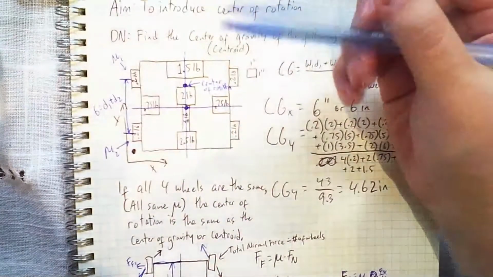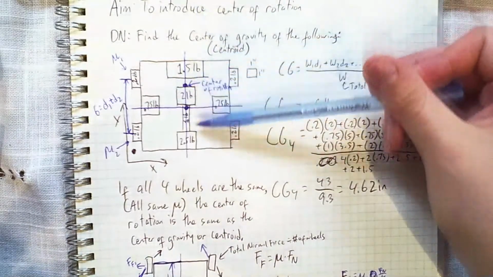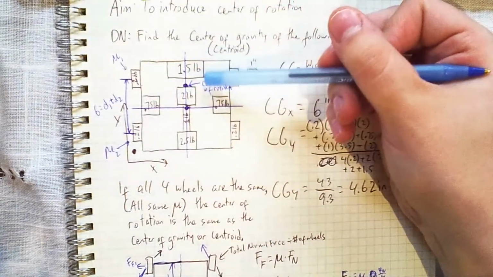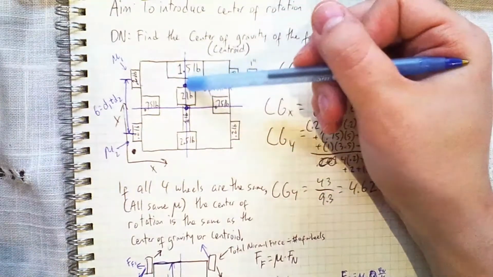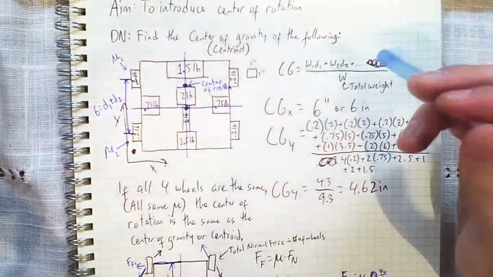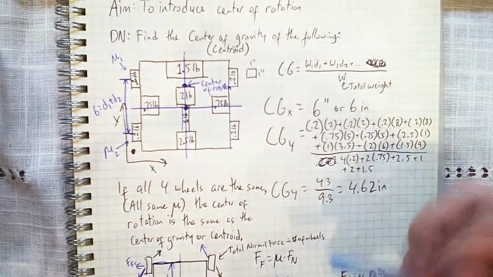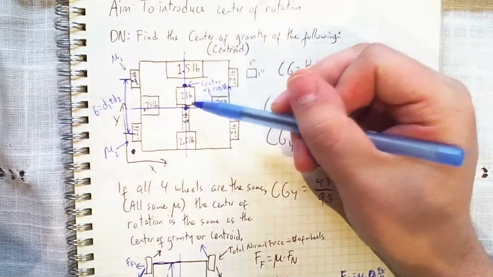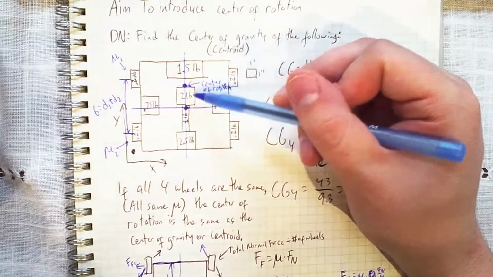Now, if a lot of your weight is far away from here, let's say your center of gravity is further away from your center of rotation, what's going to happen is it's going to take more torque to turn, and you're going to be more likely to stall your motors. So in general, you actually want to keep your center of gravity close to your center of rotation.